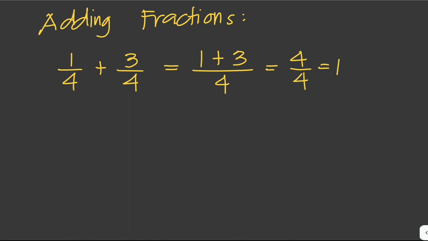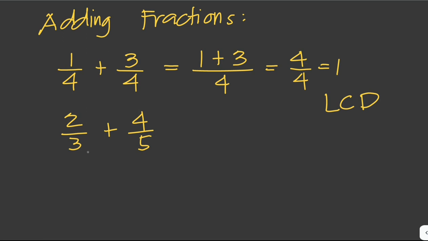But how about adding fractions with different denominators? Say for example 2/3 plus 4/5. So in this case you cannot add the numerators directly because they have different denominators. So all you have to do is get the LCD, which is the least common denominator, the smallest number that can divide both 3 and 5.